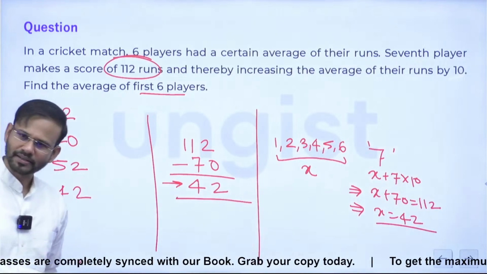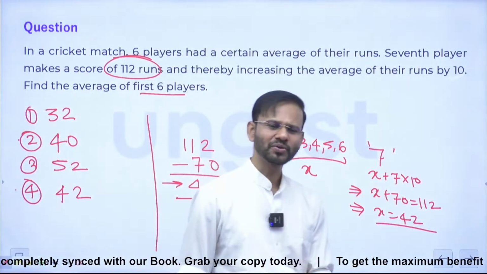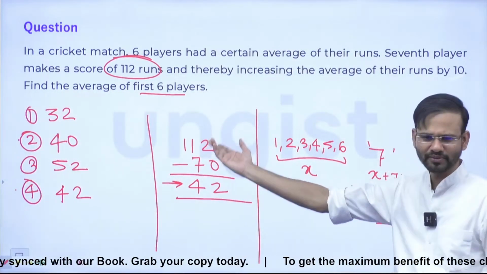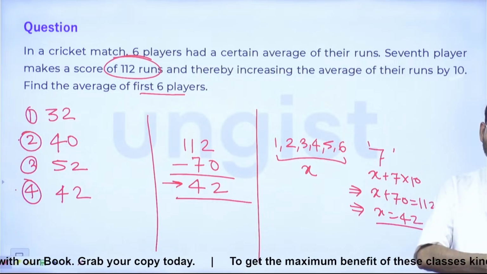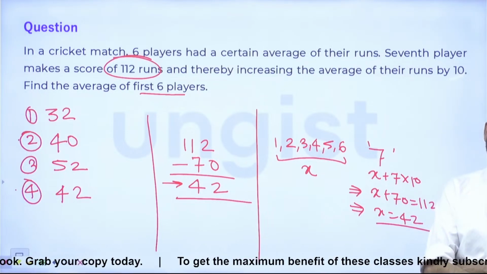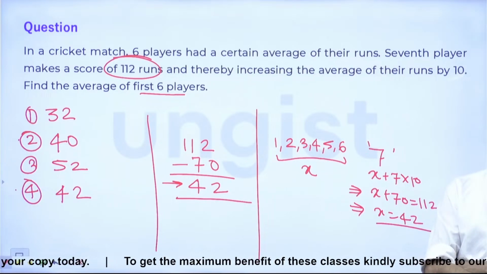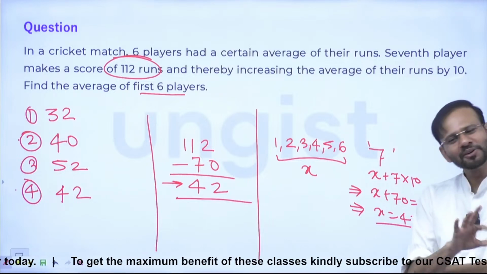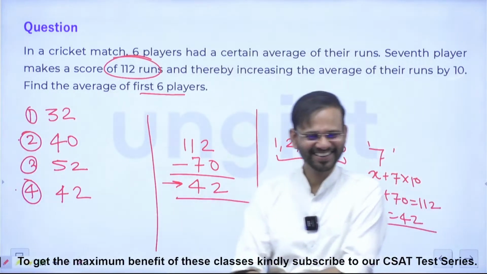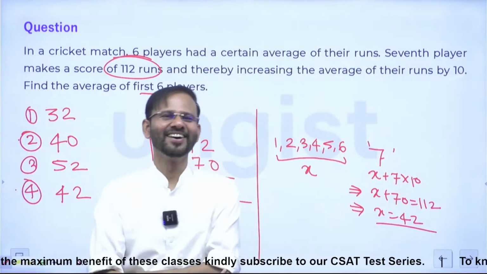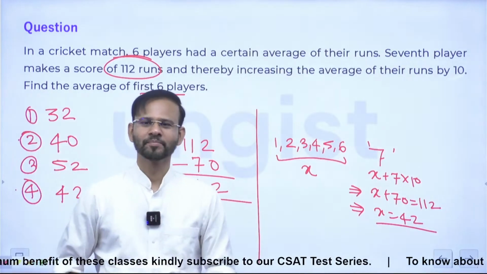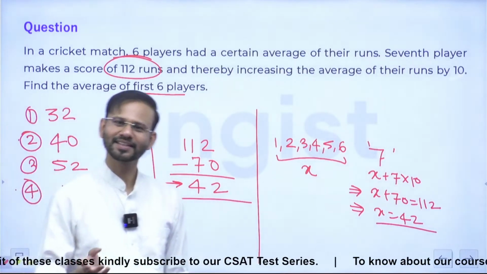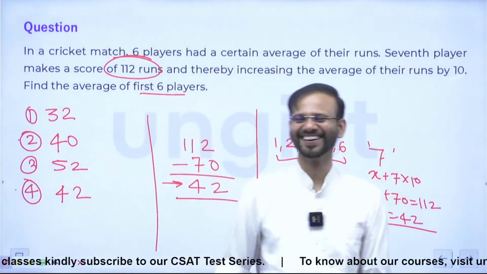Yes, everybody is clear now. Guys, any doubt? Vimi, why did you get 40? What was the logic? By mistake I took 72 instead of 70. Acha, 10 into 7 as 72, then 112 minus 72, oh okay, fine. I got 42, but then I subtracted 10. Okay, you subtracted 10, fine.